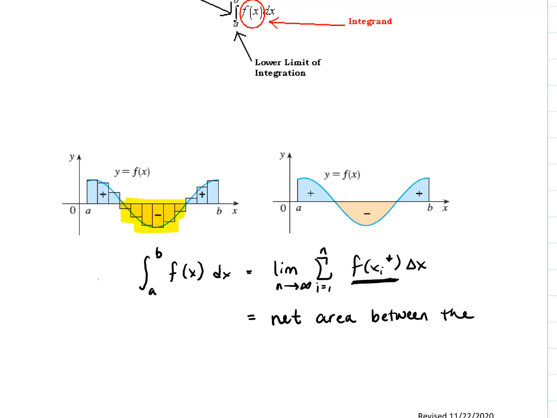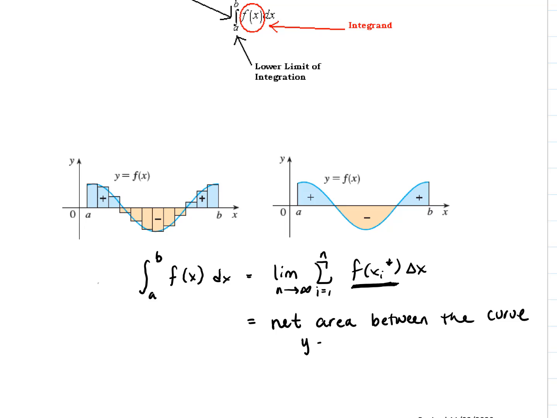And so when we add it all up, what we get is this net area, this balance between positive and negative area. So it's the net area between the function, the curve y equals f of x, and the x-axis. And so it's kind of fun.